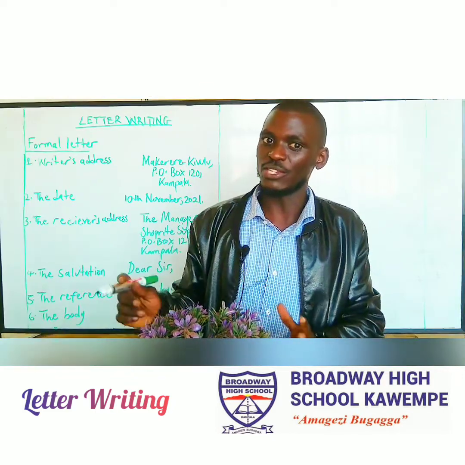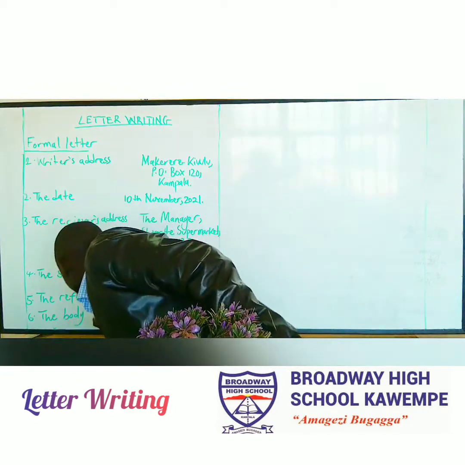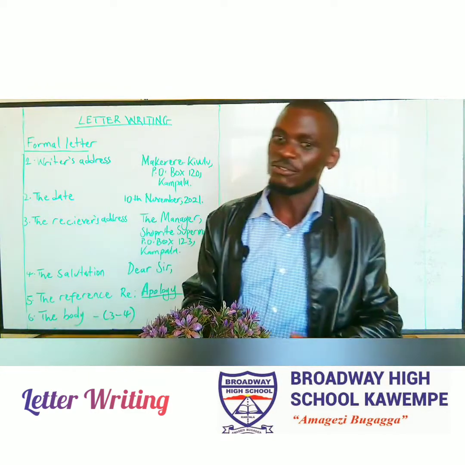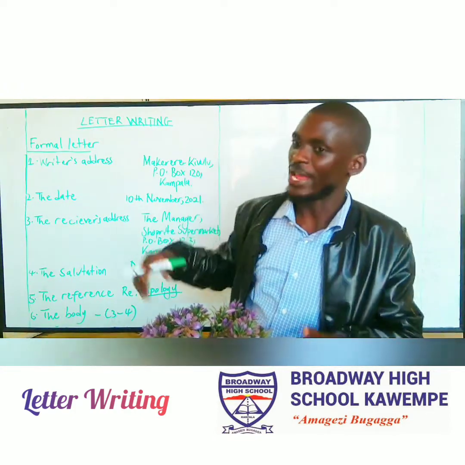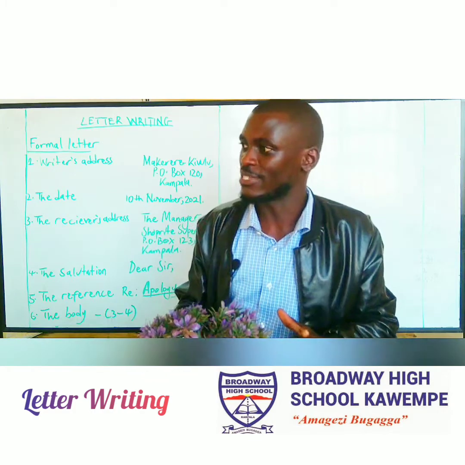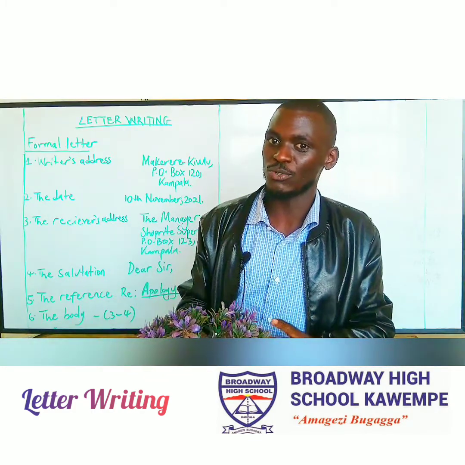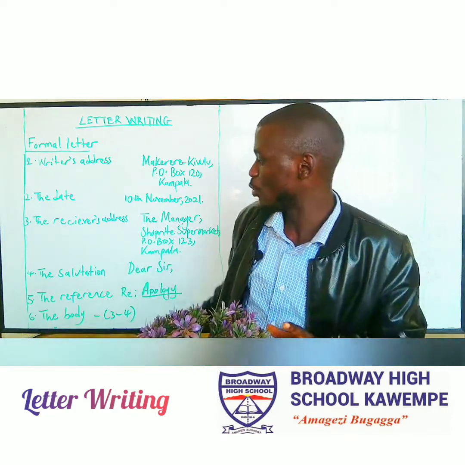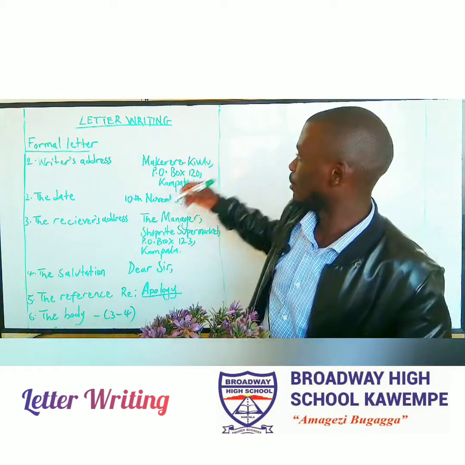We can use 3 to 4 paragraphs while writing the body of an official letter. In the first paragraph you state the reason, in the second paragraph you give details about what you are writing about, and in the third paragraph you conclude. So that is the body of a formal letter.